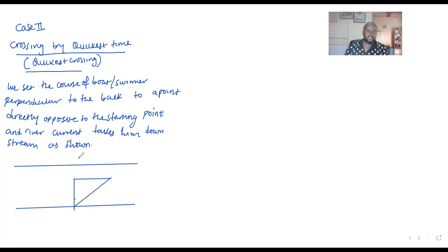In this sense, we have set the course to a point C, then the river current blows us down to point B. That means this is the velocity of the boat or the swimmer V, then this is the river current U, then this is the resultant velocity with which one crosses. And the river is of width D.